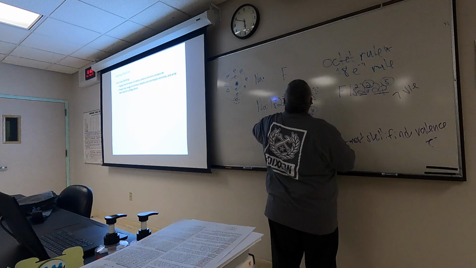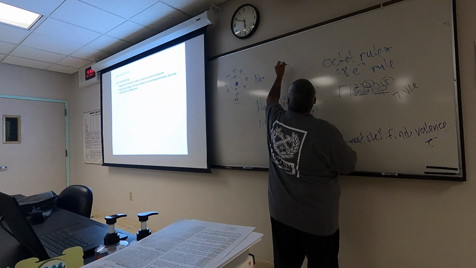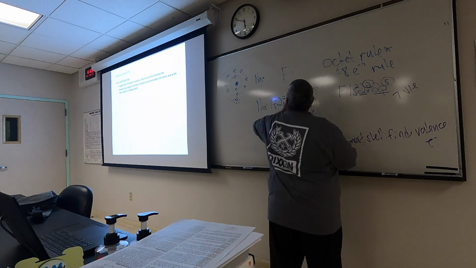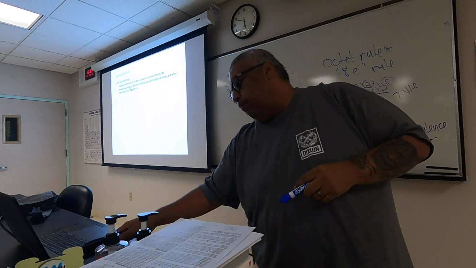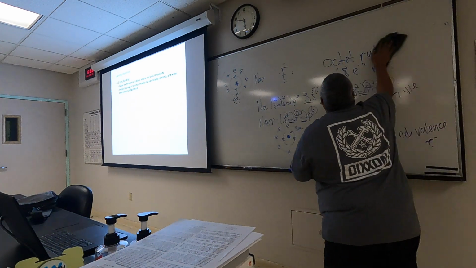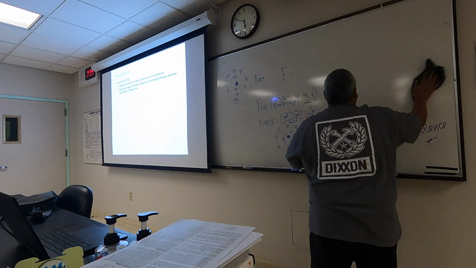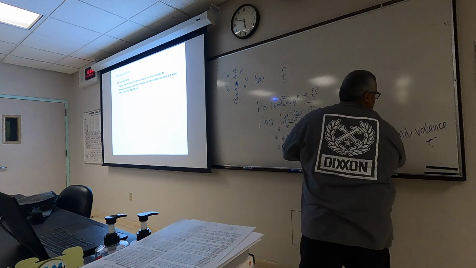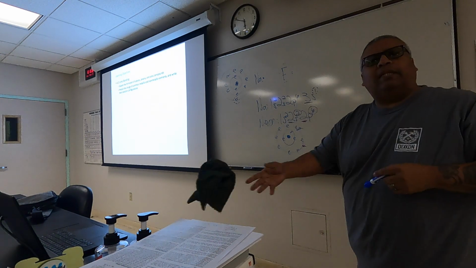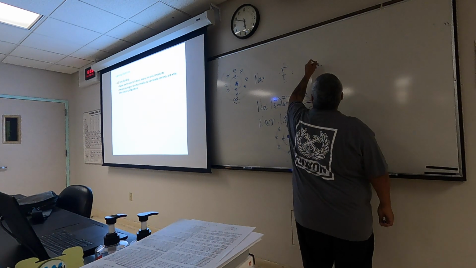Then we have fluorine that has 7 valence electrons. Now, this octet rule here, where these elements all want 8 valence electrons in their outermost shell.